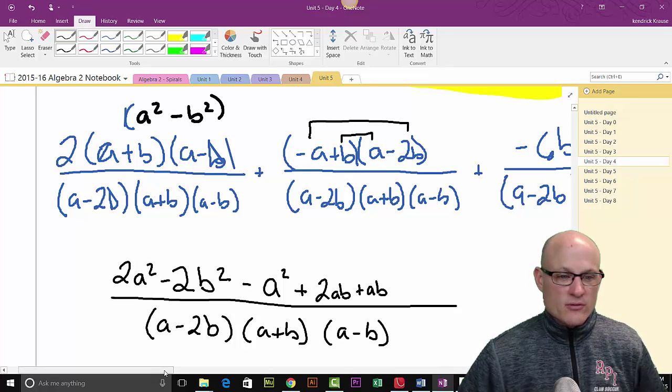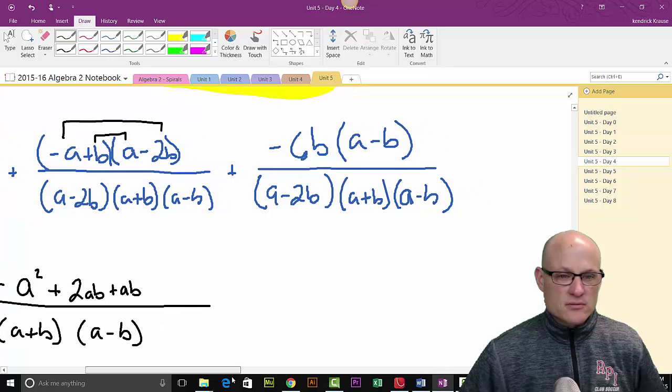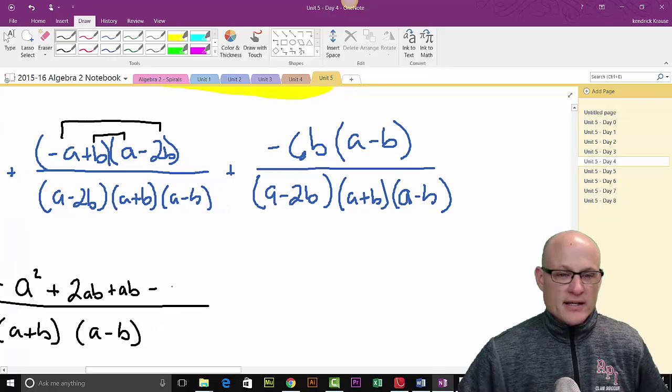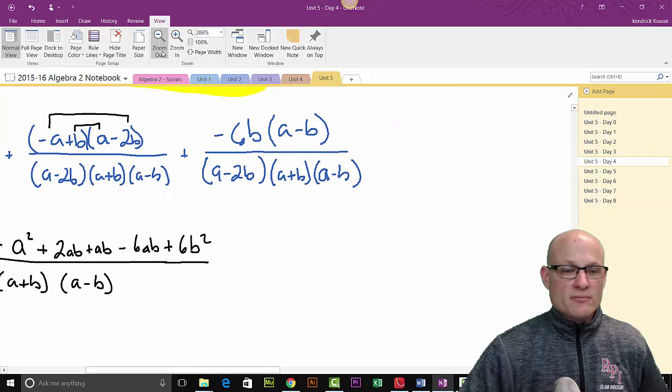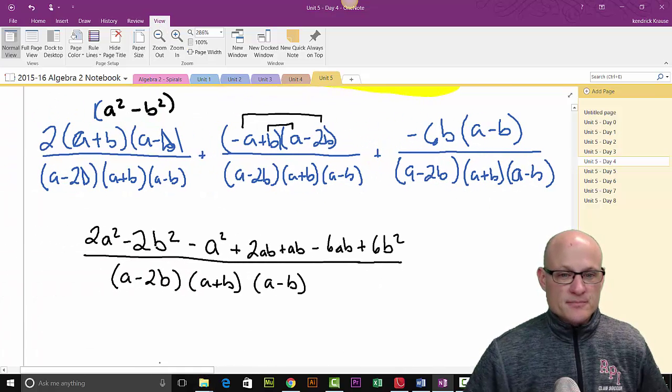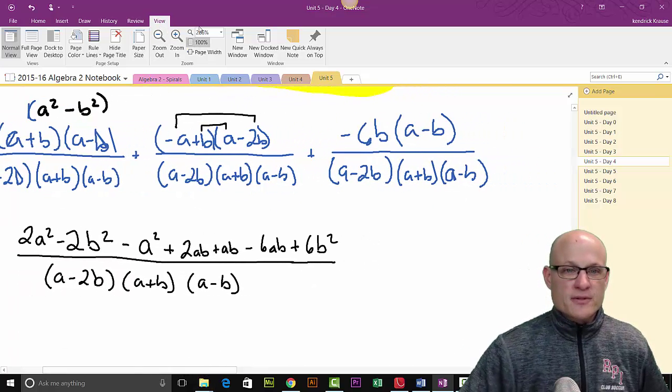Now let's slide over. Minus 6ab plus 6b squared. Okay. So let me zoom out a little bit just so you can see.